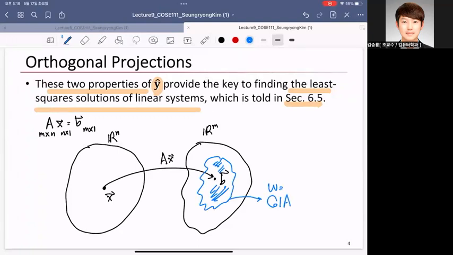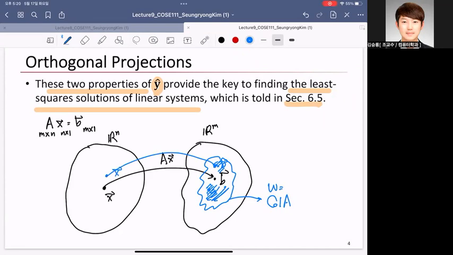So what happens in the column space? In subspace W, I mean the column space, every vector in the column space, let's say p, should have a corresponding vector x.